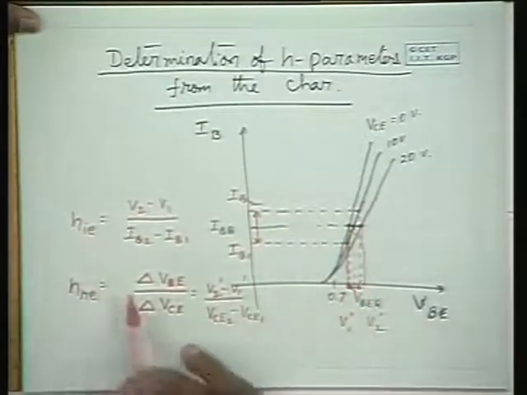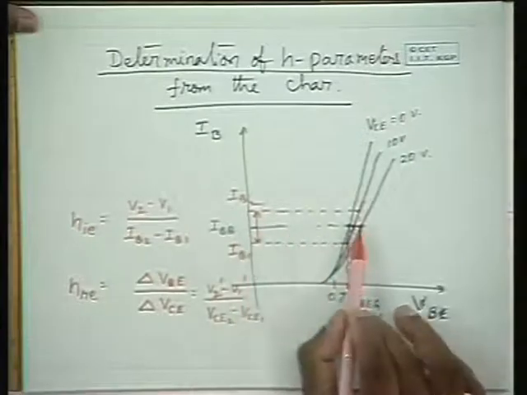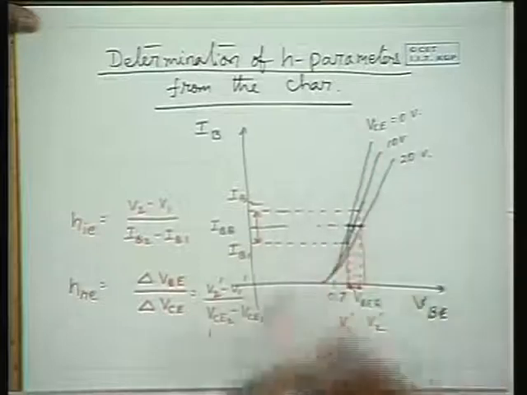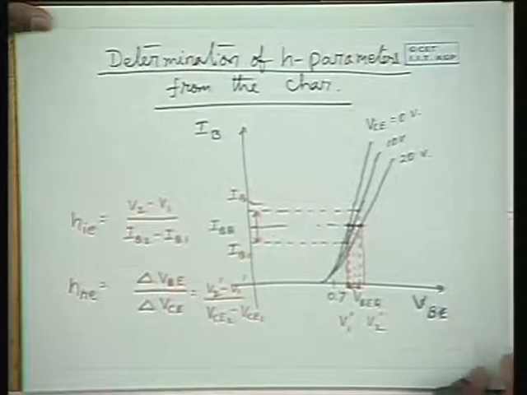And please note that HRE is the VBE to VCE ratio when the IB AC component is 0, that means when IB is maintained at IBQ. So that's why it is equal to HRE.